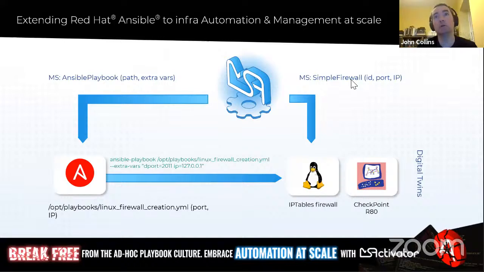Then we'll use another microservice from the library to manage the firewall directly. This is where we can do create, read, update, delete, and import on the policies within that firewall. Okay, let's get started.